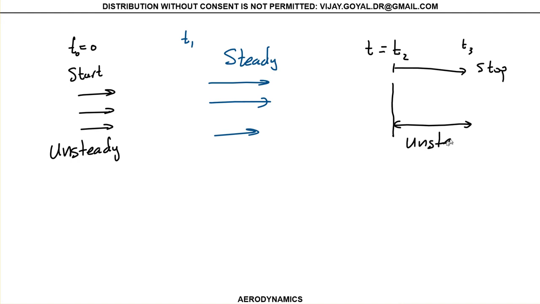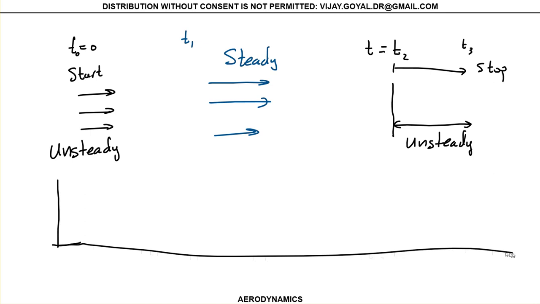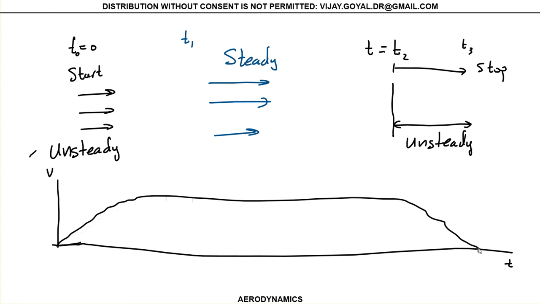The process from here to the stopping point will be an unsteady event as well. If I can plot this for the sake of this discussion, this is time, and this is speed, velocity. You start at 0 velocity, go somewhere there, stay there, and then go down here.